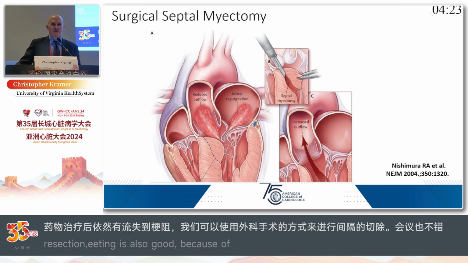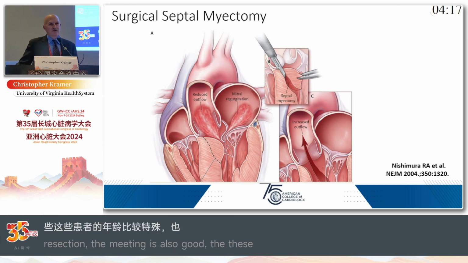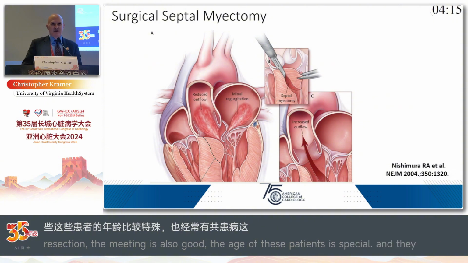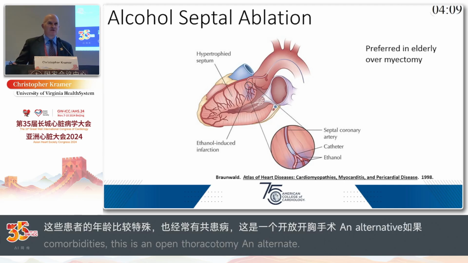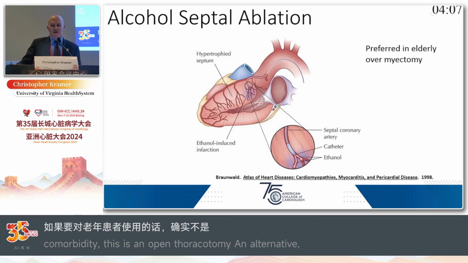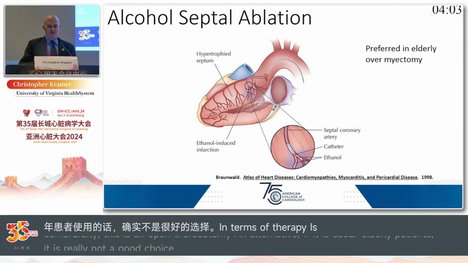It's open heart surgery. The recovery can be prolonged, and so it's really not a good option in the elderly patient. An alternative in the elderly, and for some younger patients as well, is alcohol septal ablation.